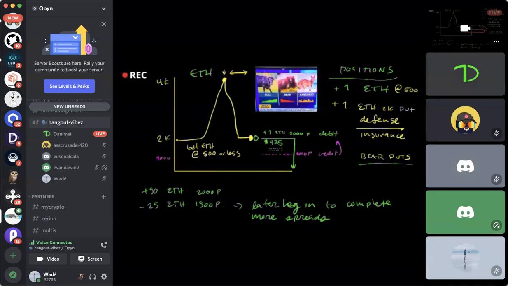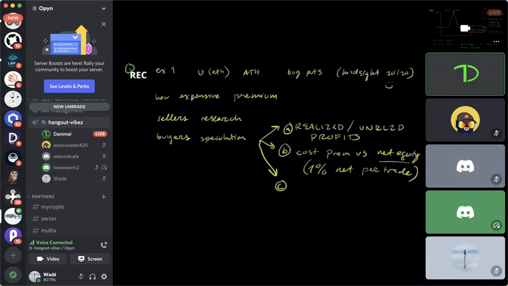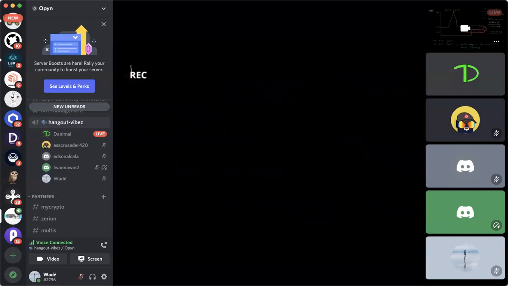So we just talked about long puts, and then we also tacked on bear put spreads. And that was all we had planned to talk about. Oh, there's also bear calls.